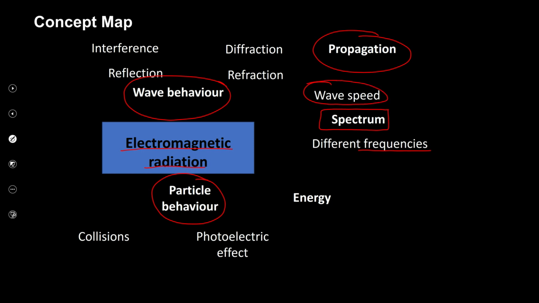We are now looking at more of the energy aspects of electromagnetic radiation. In our last lesson, we looked at the equation E equals hf, which allows us to equate the frequency and energy of a particular electromagnetic radiation. But now we need to do a little bit more unpacking about this constant.